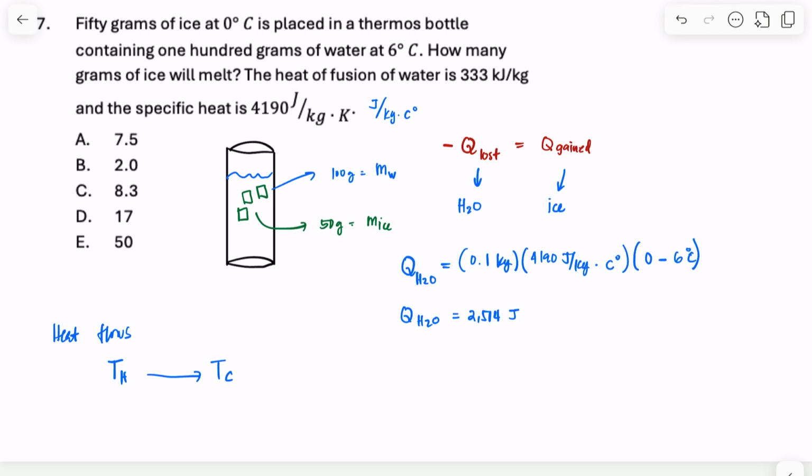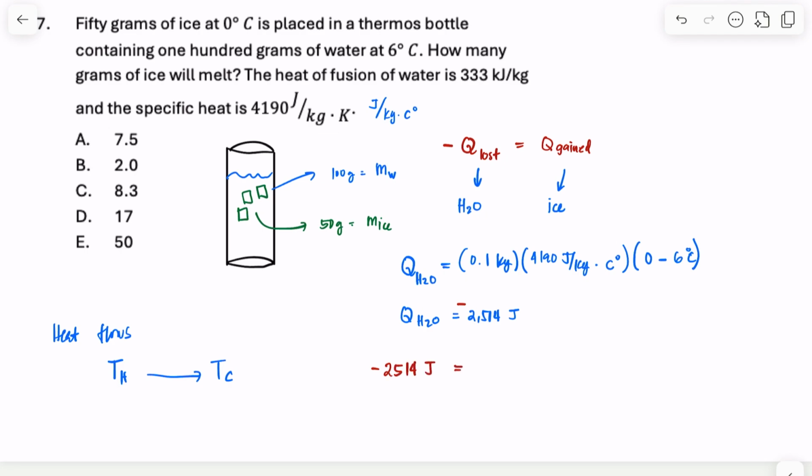This is actually negative, implying that this is the heat energy being lost by the water. And of course, by the conservation of energy, it cannot be lost out of nowhere. It has to be gained by the other one. So this energy lost by the water is what is gained by your ice for it to melt. So simply, you have negative 2514 joules.